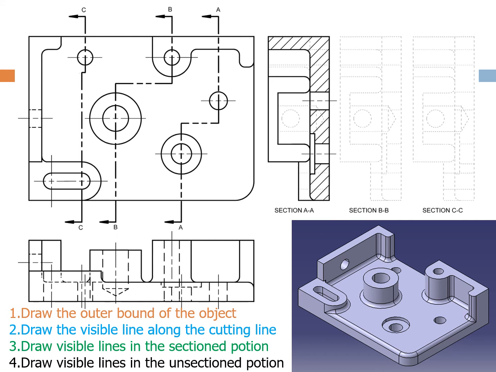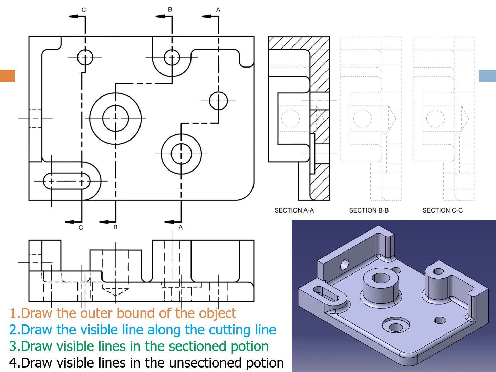And also remember the preferred angle of the section line will be 30, 45, or 60 degrees. Do not have the line parallel to any of the lines that are visible. That's another important rule that you should follow.